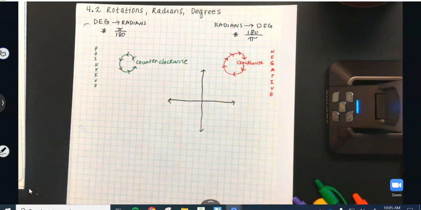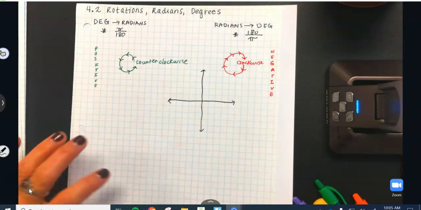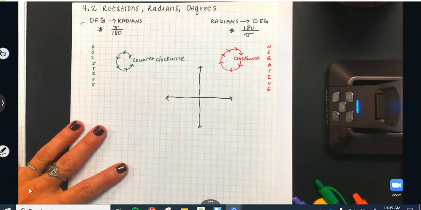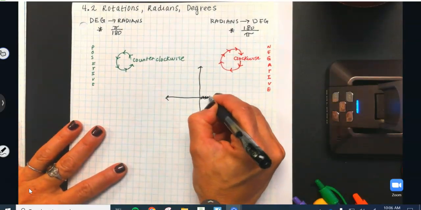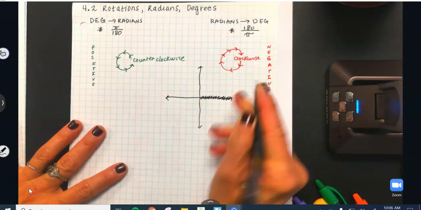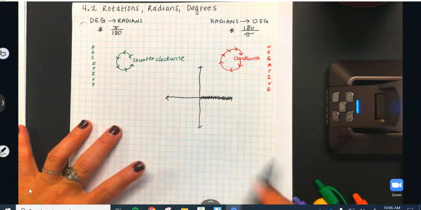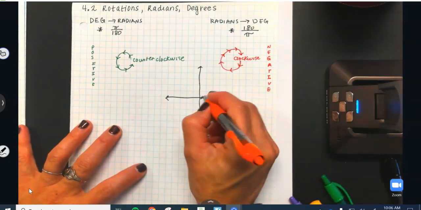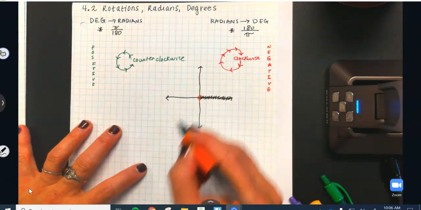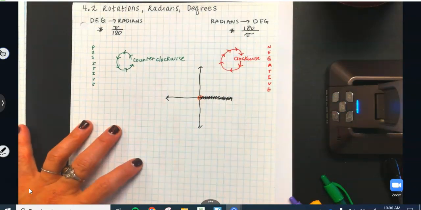And there's something called standard position of an angle, which is really important. All of us have to be in standard position. So here's how standard position works. You always start on the positive side of the x-axis. I'm just going to bold that out a little bit. And your vertex is always anchored on the origin.